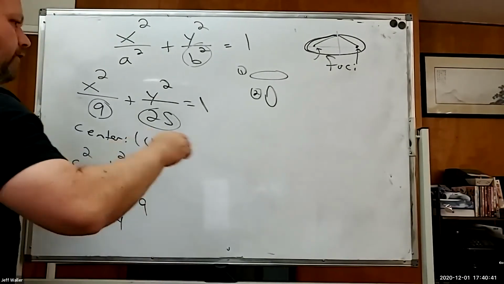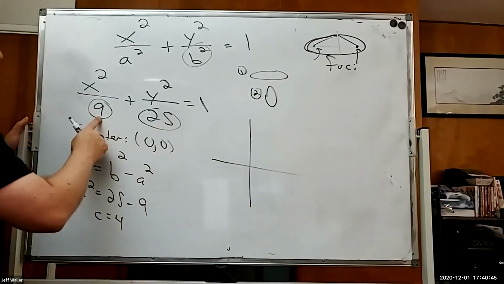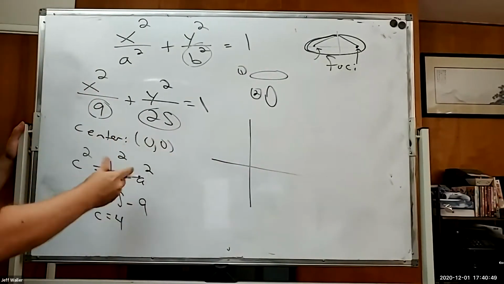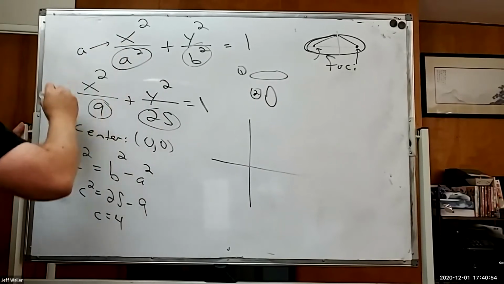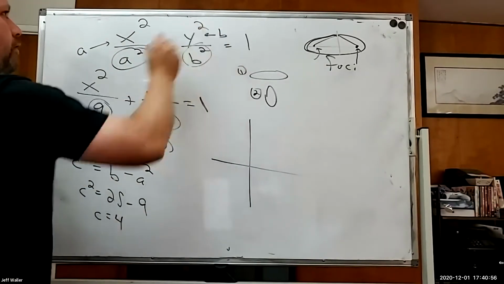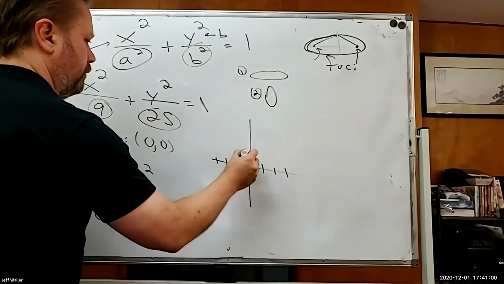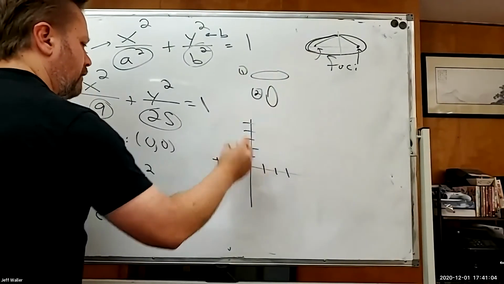So to graph this, how far am I going to go out in the x, in both directions? 3. Good. Since that's a squared, a is the amount I go in the x direction. b is the amount that I go in the y direction, which is 5.